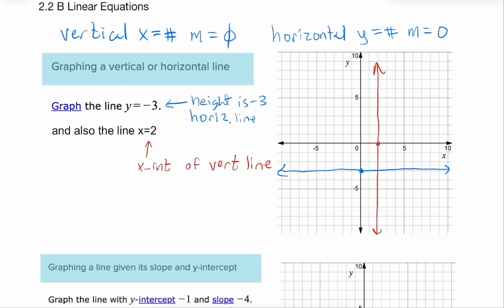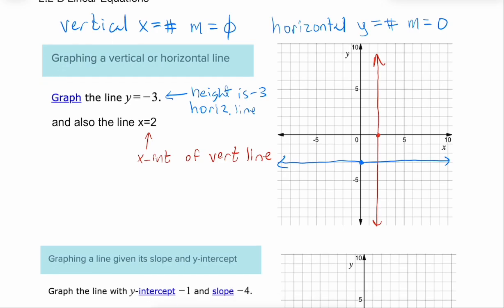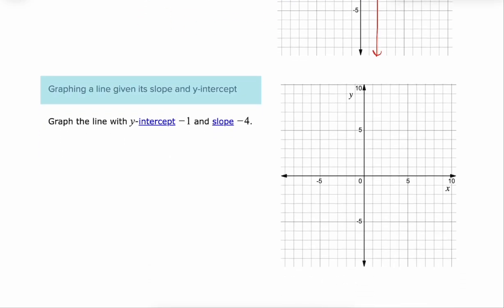So of all types of graphing linear functions, those are the nicest. So just remember, if x equals a number, it is vertical. If y equals a number, it is horizontal. Okay? Any questions about our vertical horizontal stuff? If they'd all be like that, that would be great. Okay, let's take a look at our next example.